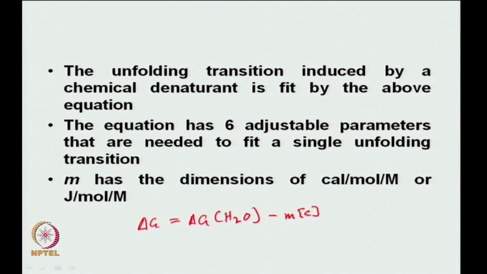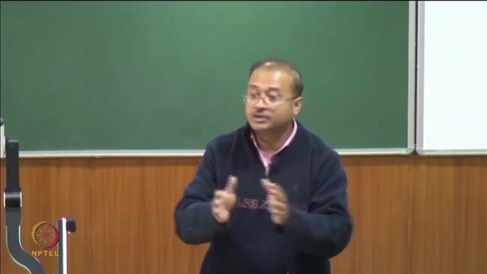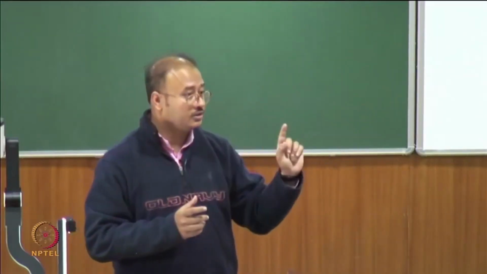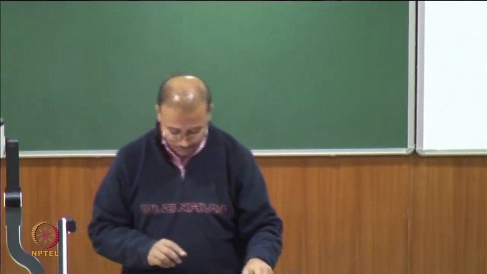So, it is calories per mole or some energy unit per mole, and then you also have C. So, it is change in free energy per mole per molar concentration of denaturant. Is it clear? It is very important.